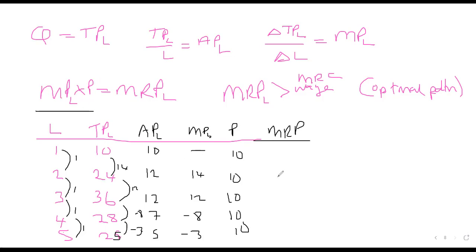So this by that, 140. This by that, 120. This by that, negative 80. This by that, negative 30. Then your wage, which is the marginal resource cost, maybe it's 120 throughout.